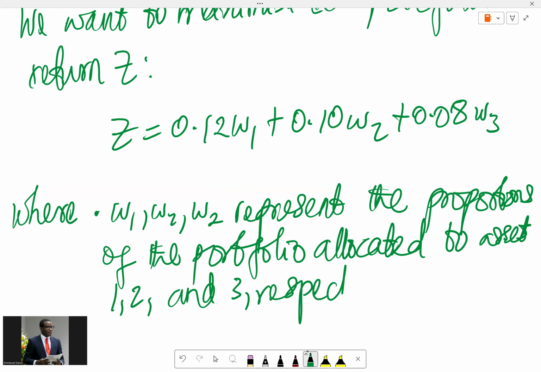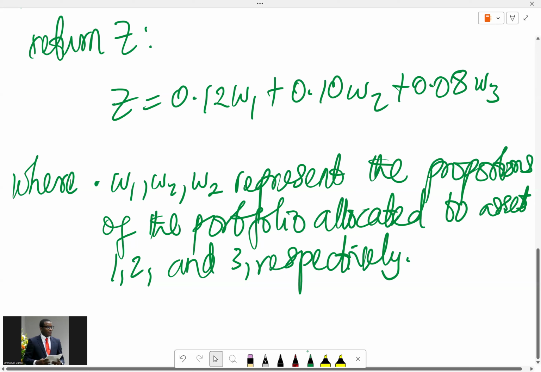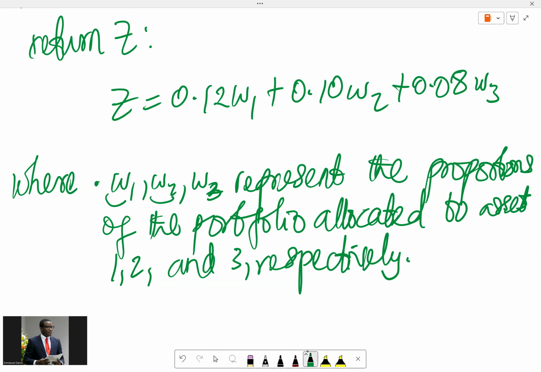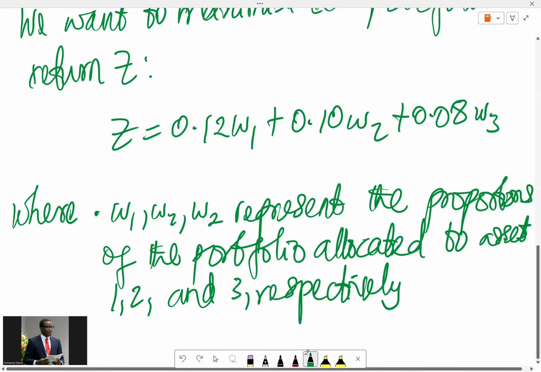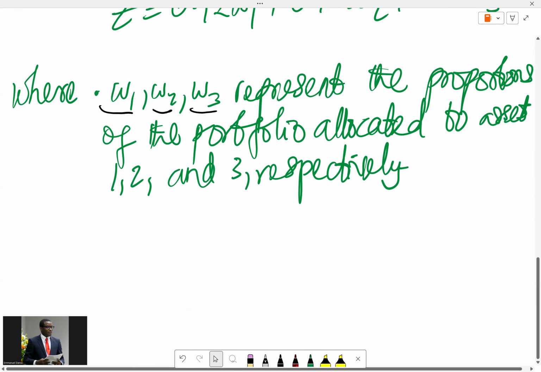So the issue is you have some funds you want to invest. You want to know what proportion should go to the first asset, what proportion to the second, and what proportion to the third. These are the proportions of each asset.